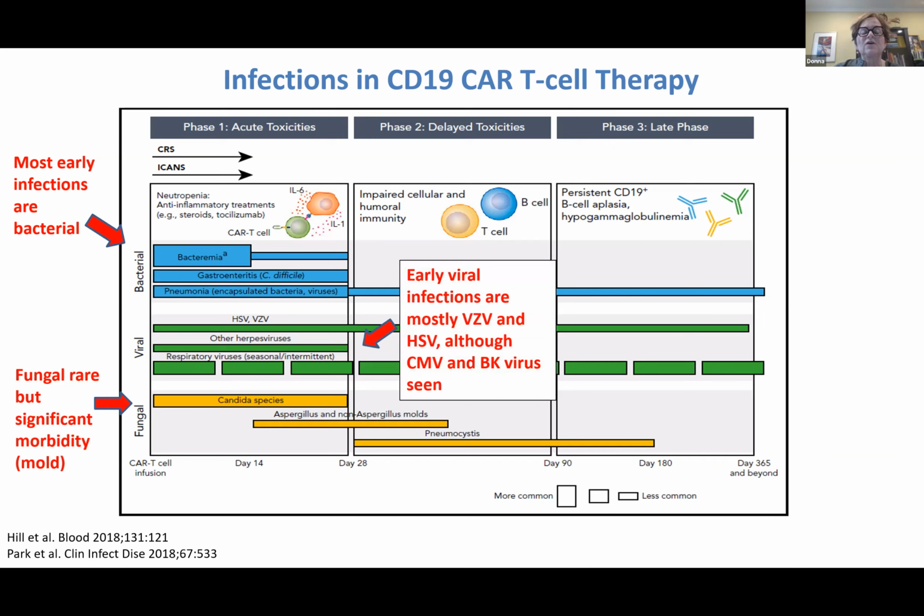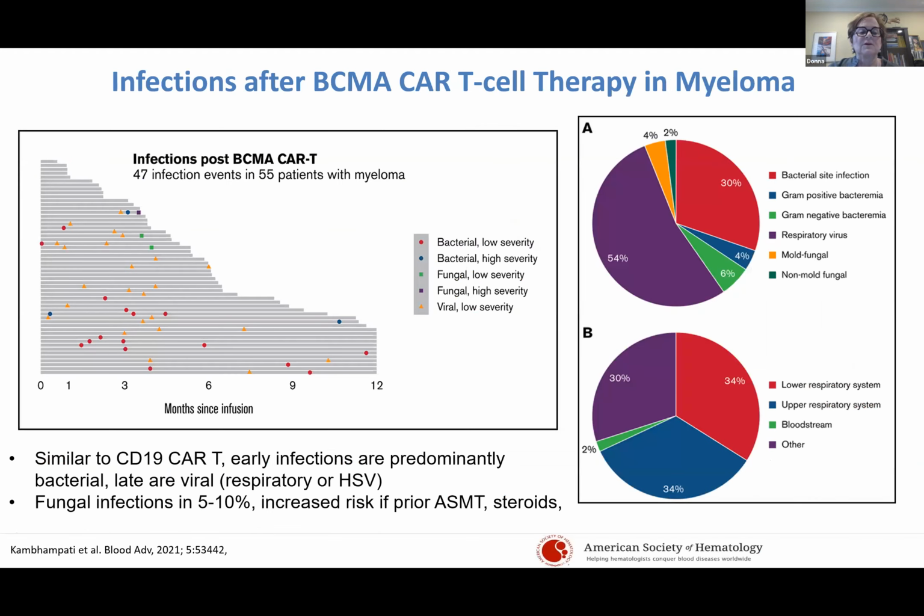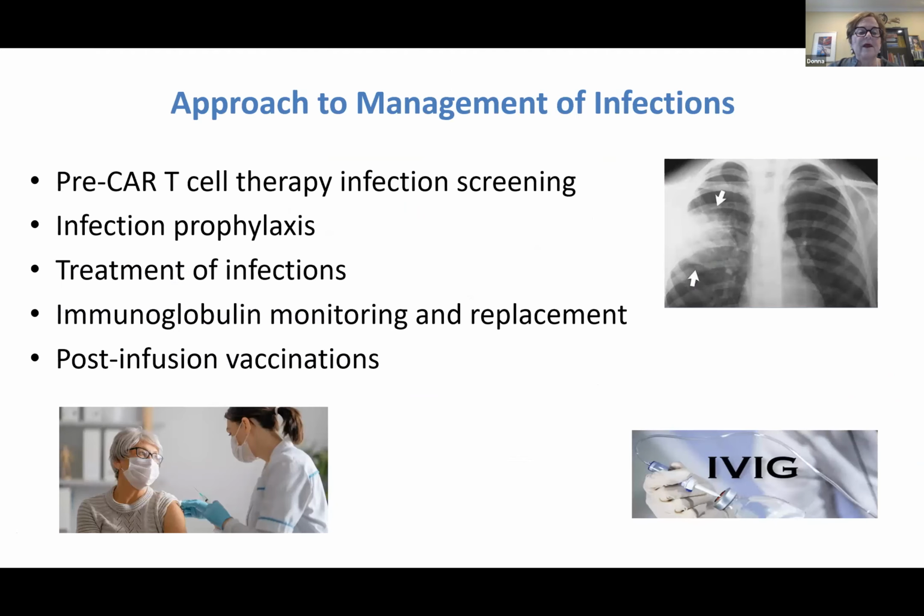Shingles and herpetic infections are important, but also infections that are more often seen in allogeneic transplantation, where someone else donates stem cells: cytomegalovirus and BK virus, which can affect the kidneys. So late infections are mostly due to respiratory virus and sometimes pneumonia. This is more specifically for myeloma, and again, you can see the same type of pattern.